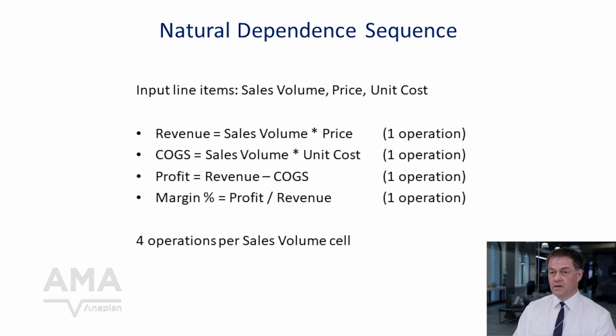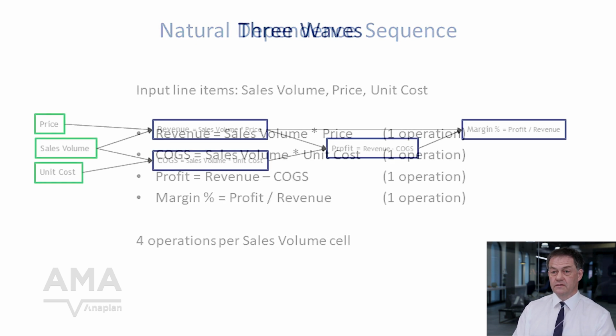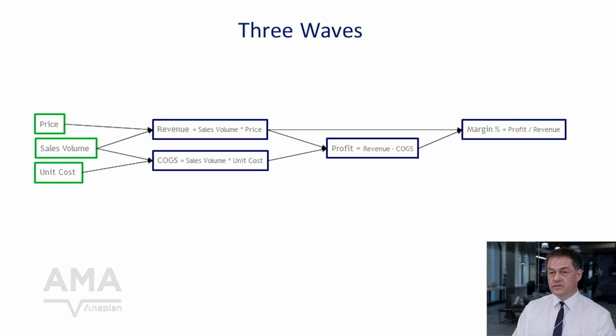However, if you look at the way in which they're calculated, because you can't calculate profit before you've calculated revenue and cost of goods sold, and you can't calculate margin percent until you've calculated profit, the calculations need to be done in 3 waves.